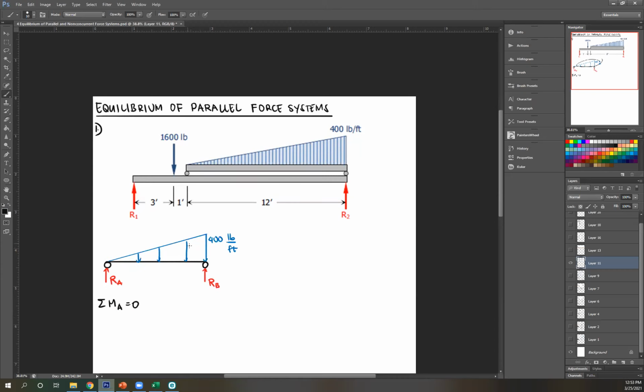Next, the 400-pound force. Remember, that creates a point load equal to the area of this distributed load. And then this distance is 1/3 of your length. And this length is given to be 12. So this is 12. So this is 1/3 of 12. Therefore, this is 2/3 of 12.